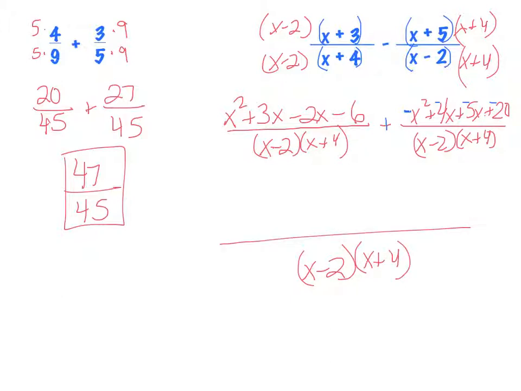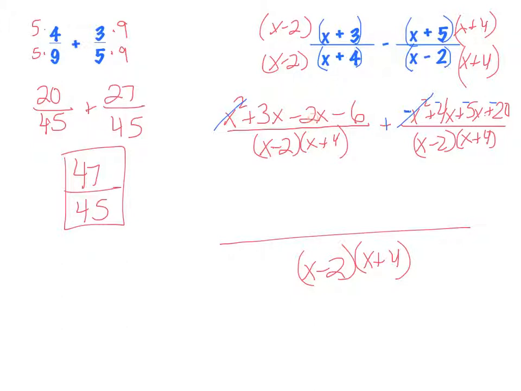And then let's see what happens. We get our x squared and our negative x squared are going to cancel. We have a 3x with a negative 4x. That's a negative 1x. Oh, duh. Hang on. Let's combine more than that. I have a 3x minus 2x.